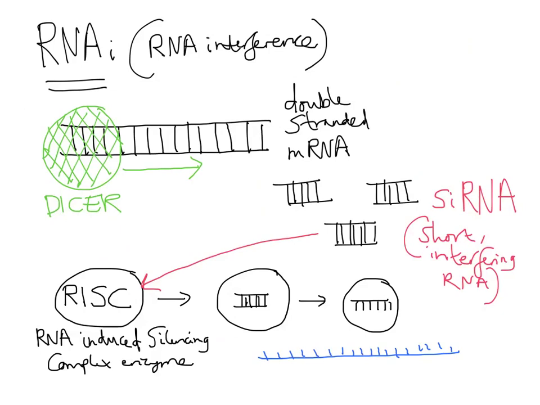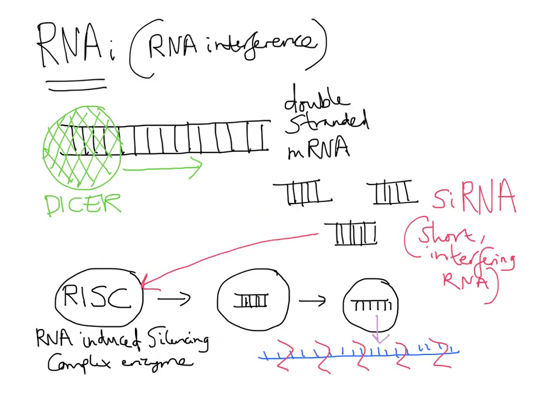So, and we'll just cover this in purple, because of complementary base pairing, this short interfering RNA strand on the RISC enzyme can find its complementary pair on the messenger RNA. That RISC enzyme, when it moves down to the messenger RNA, what it actually does, once it's there, is cut the messenger RNA into smaller pieces.